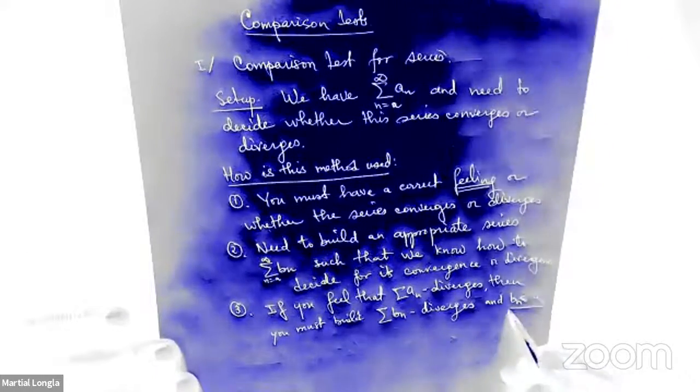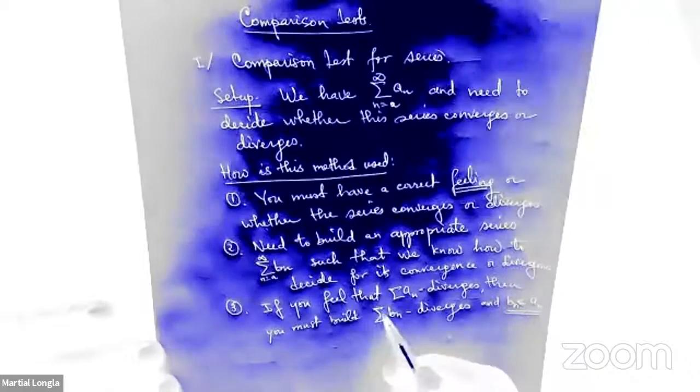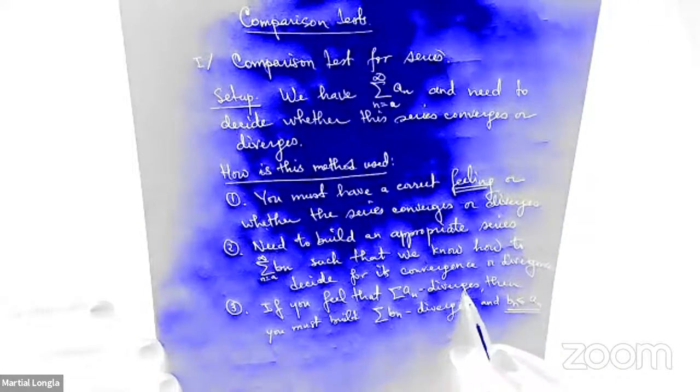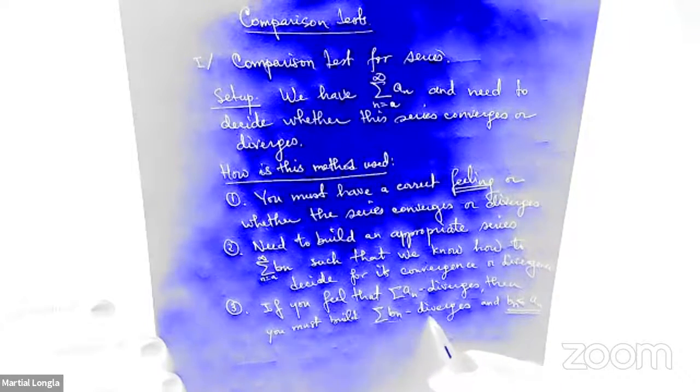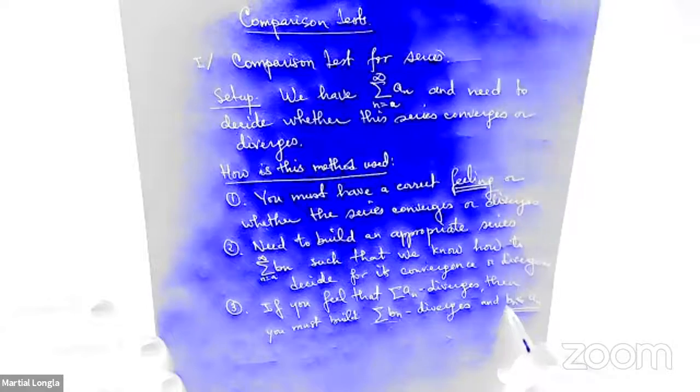These are the key points. If you have the feeling that the sum of a_n diverges, then you must build a sum of b_n that diverges and that is below a_n.